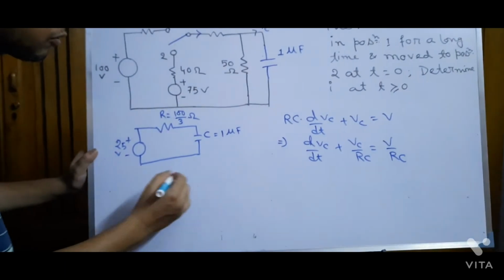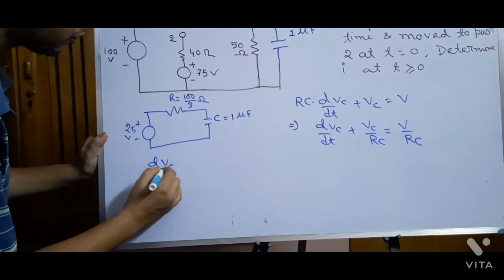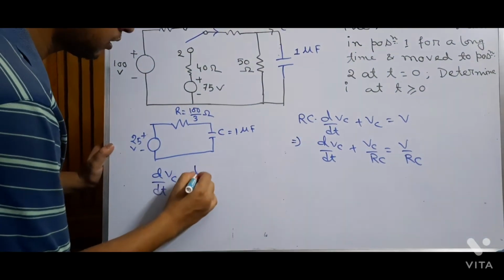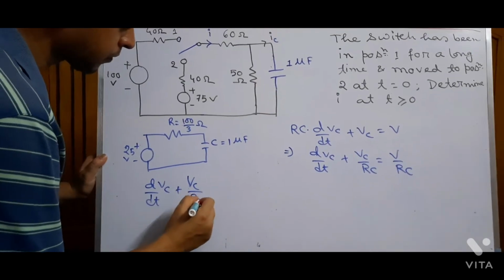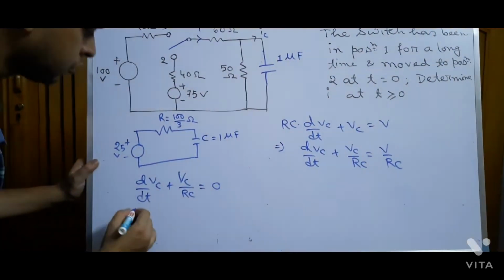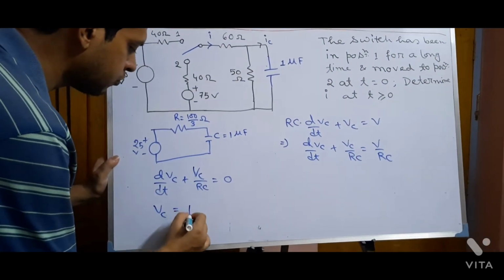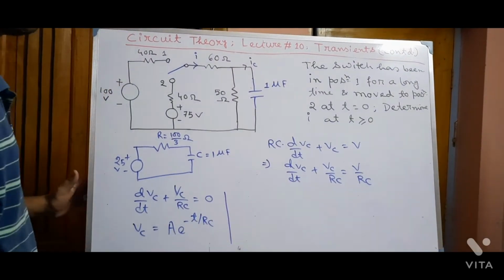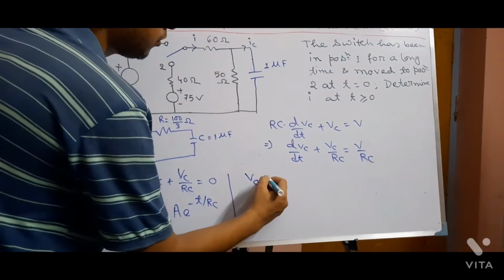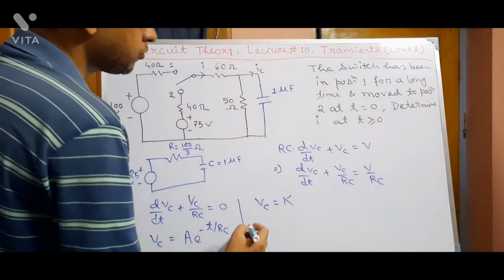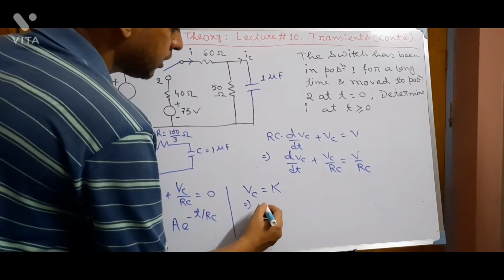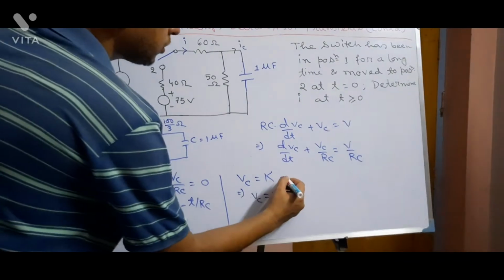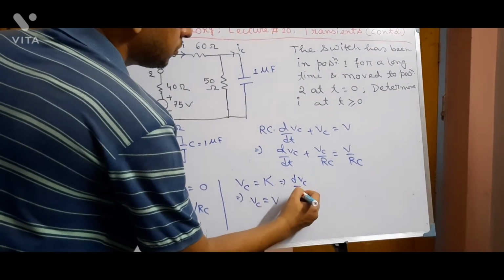For CF, we have to solve dVc dt plus Vc by RC equal to 0. So Vc equal to A e to the power minus t by RC. For PI we have to assume Vc equal to k. Then Vc will come as V. Now Vc equal to k means dVc dt equal to 0.